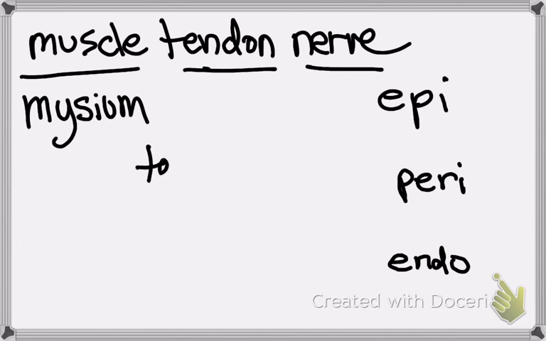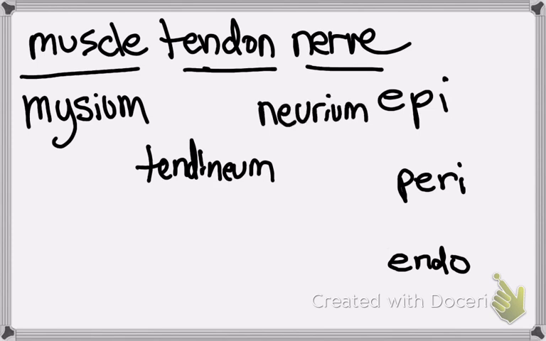For tendon, it's tendinium. And for nerve, it's neurium. So tell me what the epimysium is. It's the covering of a muscle. What's the epineurium? The covering of a nerve. What's the epitendinium? The covering of a tendon.